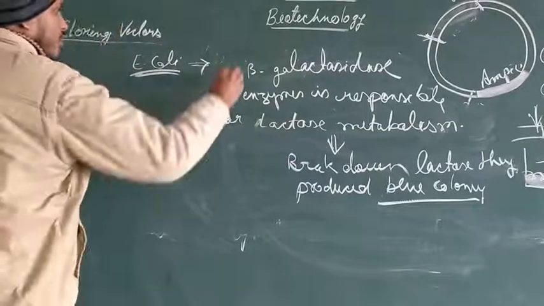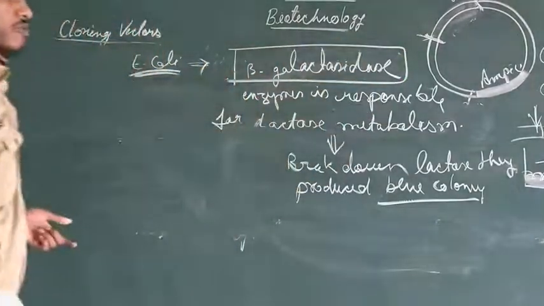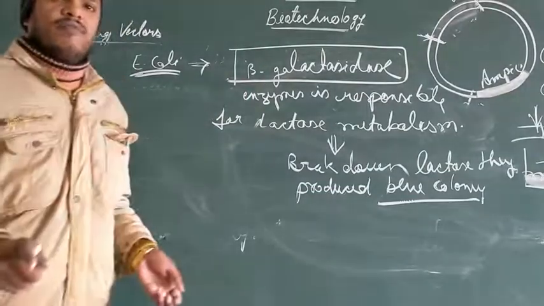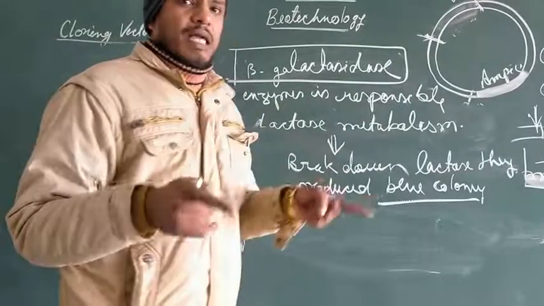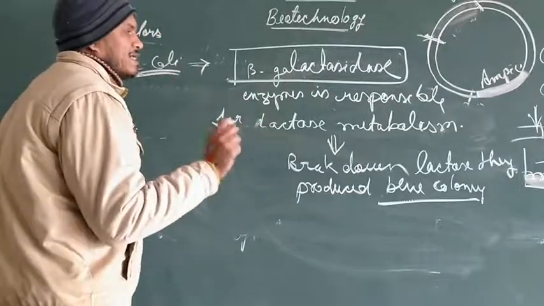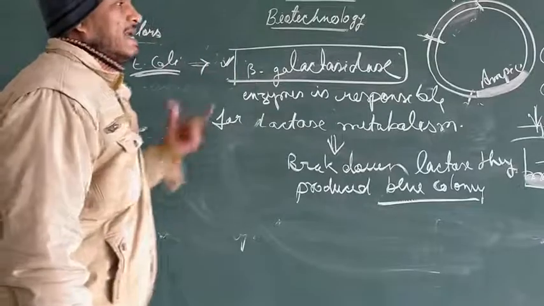But in the case of transformed ones, in which we have inserted our desired gene into the plasmid, they lost that sequence. Listen carefully, they lost that sequence which is responsible for synthesis of beta-galactosidase.